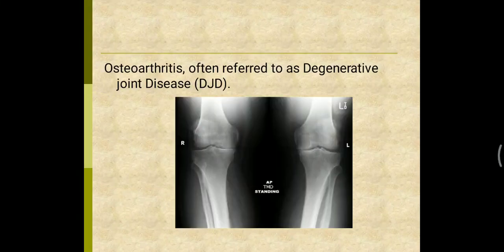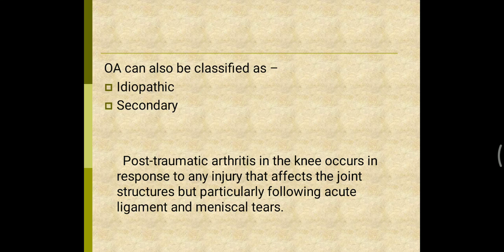So basically it is a degenerative joint disease as we have seen in a figure. Okay, so it is classified into two categories: idiopathic or primary, and another is secondary. So primary is due to nature that causes naturally in older age or due to weight bearing. It has no other underlying cause.